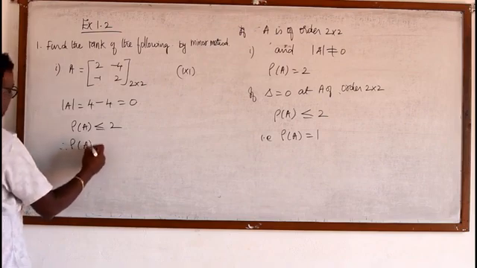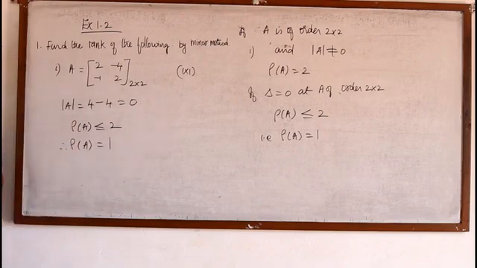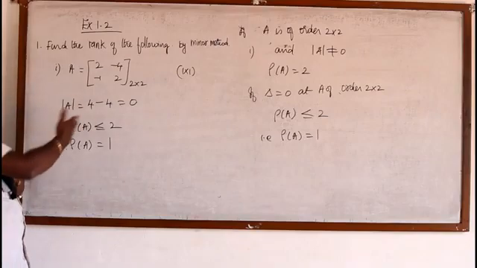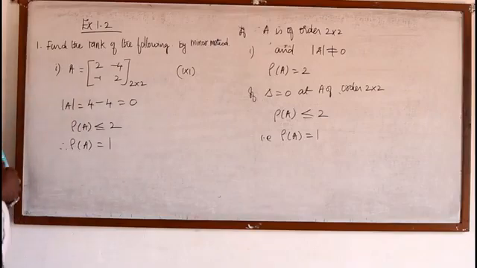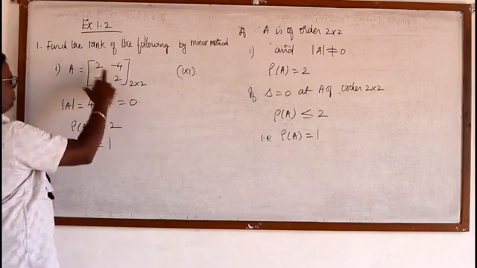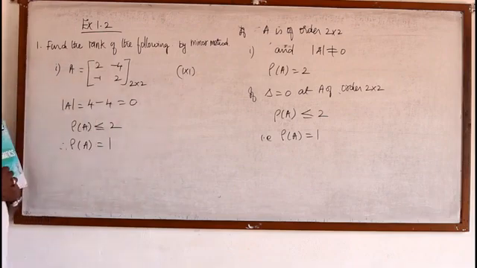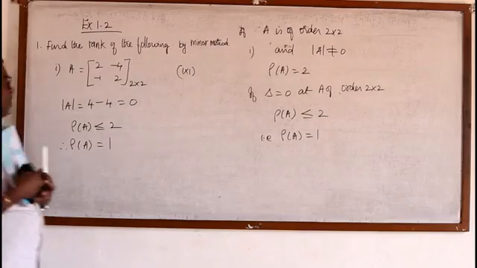So, rank of A equals 1. The 2 by 2 matrix is given and its determinant is 0, therefore rank is not 2. Then less than 2 must be only 1, because a cofactor of a 2 cross 2 matrix is 1 cross 1, and there exists at least one non-zero number. Therefore, rank of A is 1.